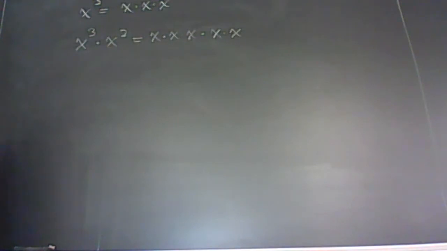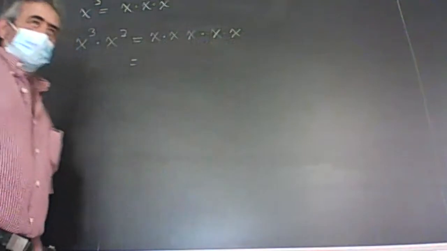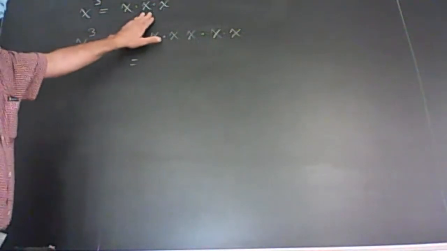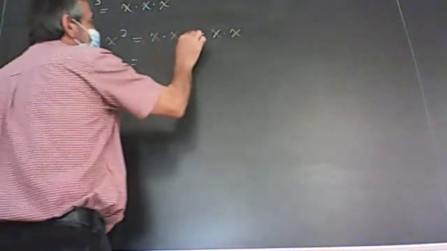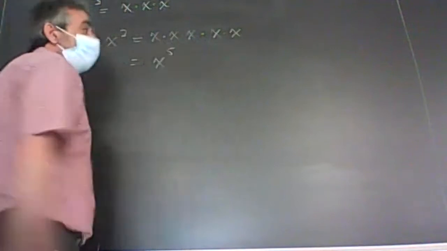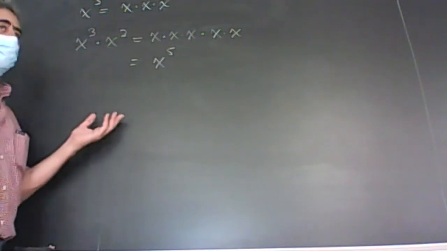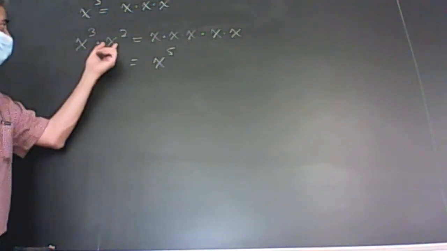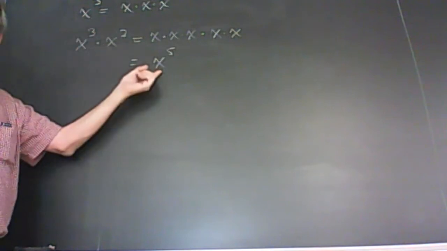So now, when I multiply these, I can write them in this form. Instead of x times x times x, we say x cubed, and x times x times x times x times x is x to the power 5, because x is multiplied by itself 5 times. Or we could have simply, at the beginning, said, when you multiply these, you add their exponents. 3 plus 2 is 5.